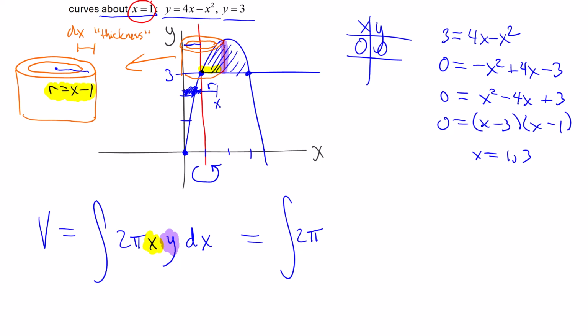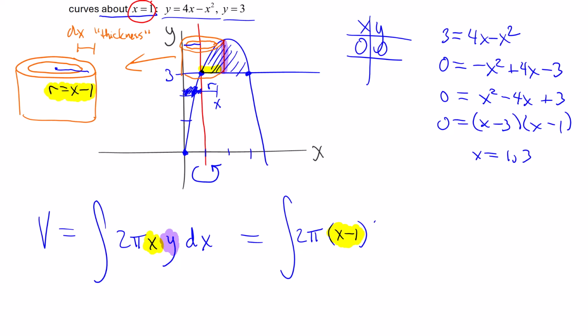Now they'll change depending on where you are for these shells, but here's the point. So we have 2 pi xy, but really instead of x, we're going to make it x minus 1, and again that just matches what we've already said for that radii representation of those shells. And then instead of y, we're going to do a couple things. So the function height of this parabolic curve is given as, I'm going to write this out here.